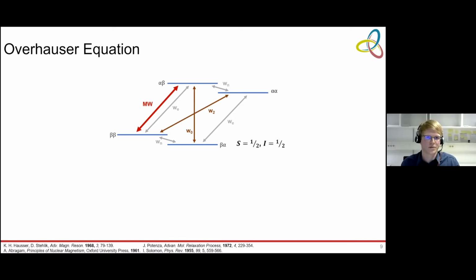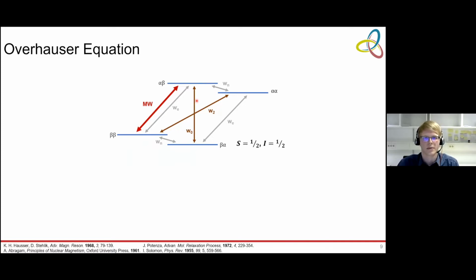To explain this with a bit more physical meaning, we can look at a 4-level diagram of an electron spin coupled to a nuclear spin, and we can derive the Overhauser equation if we assume a steady-state condition where we constantly irradiate this EPR transition.